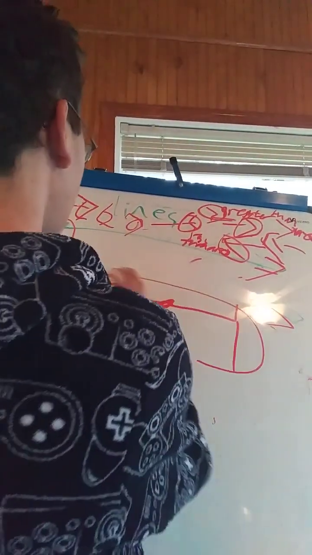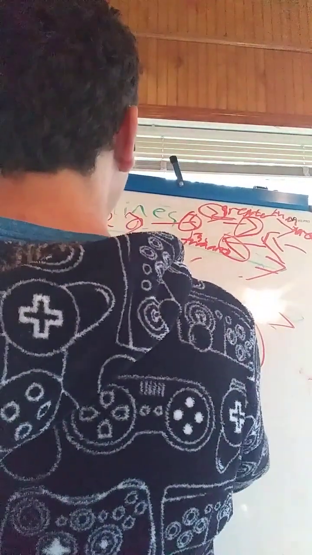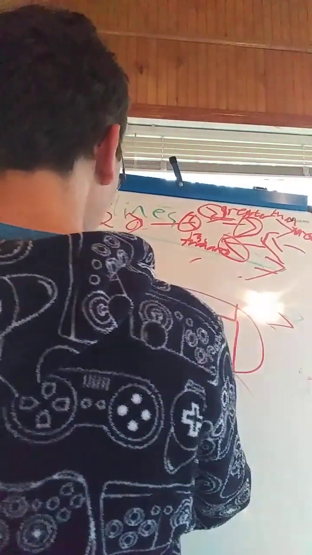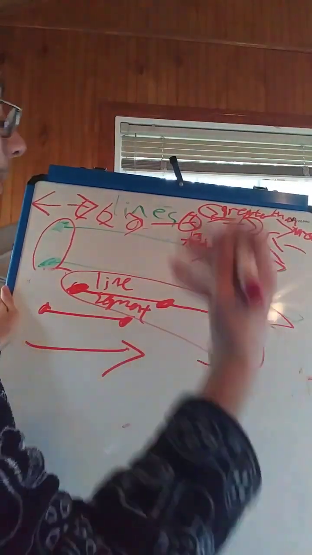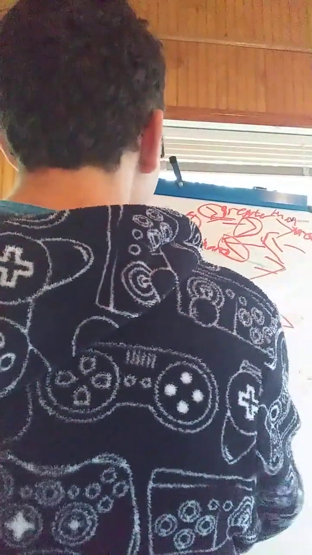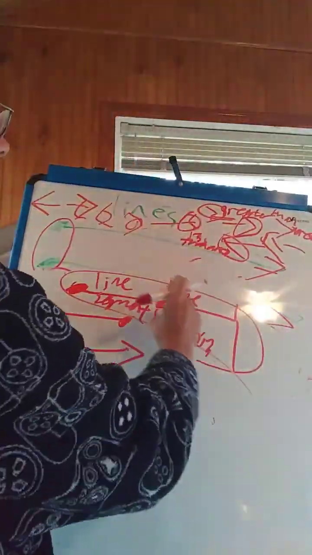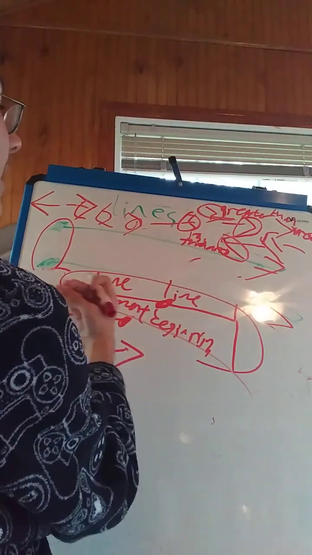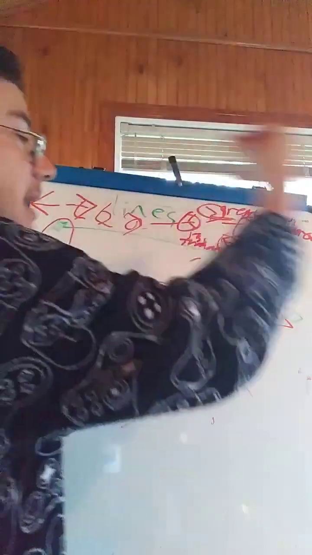I'm going to circle it. So we have the line segment, and then we have either the beginning or ending. I don't want to go through all the little explanations, so let's just say the beginning of the line. So, line beginning. We have the telltale sign, this dot right here, and then this arrow symbolizes going right, and it just keeps going on and on.